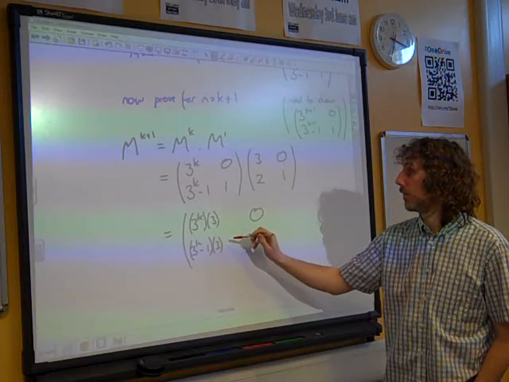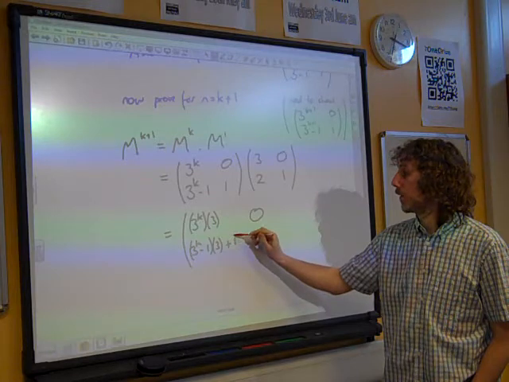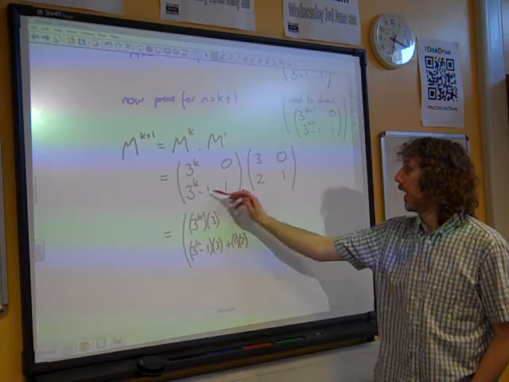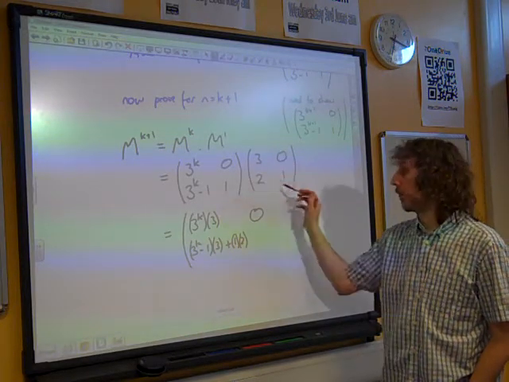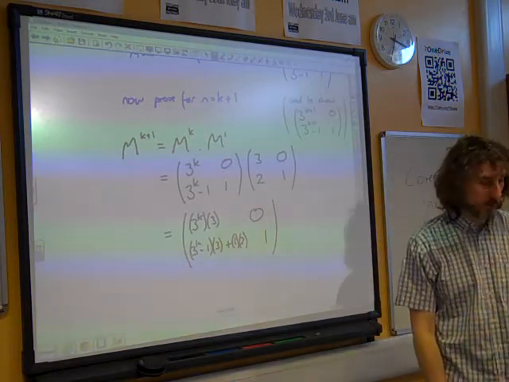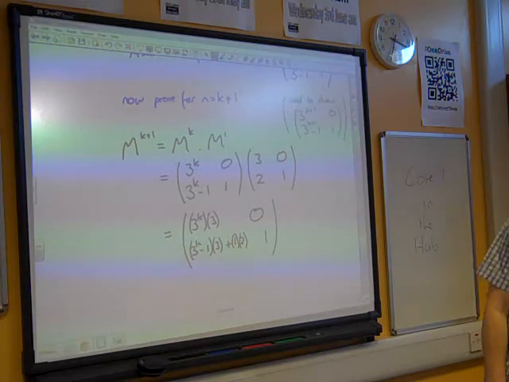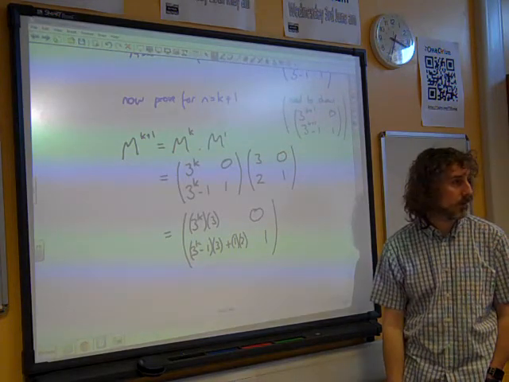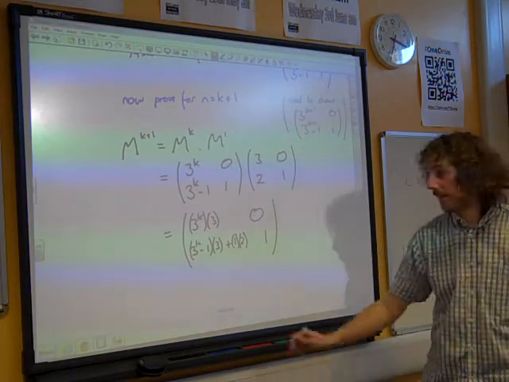Have we done that right? And 3 to the k minus 1 times 0 plus 1 times 1. So that's there. And I'm showing all my working out, and I'm making it really clear that that's where we've got to at this point. And now I've got to tidy this up.